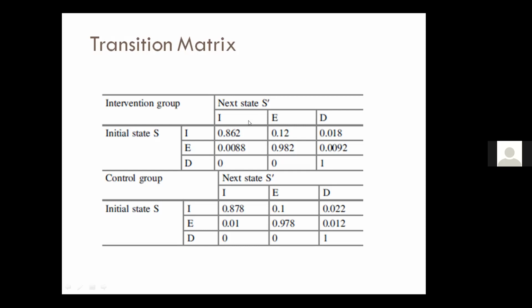The next one is E to I. So it is this percent. And the third one is dead to I, 0. So here you see that I to E and E to I both are possible. And I to dead, the third one, actually 0.018. So these are the probabilities for the intervention group and the control group.